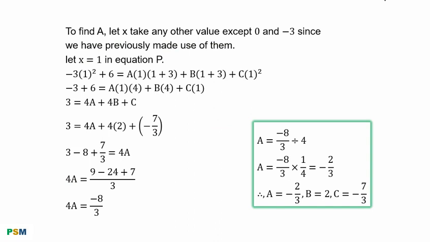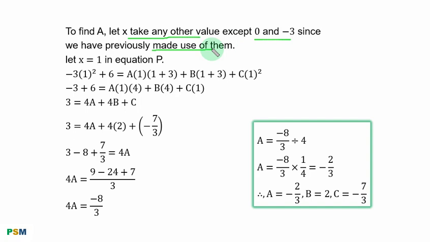To find A, let s take any other value except 0 and minus 3, since we have previously made use of them. You can see now we are using the alternative approach because out of the 3 constants, 2 are known.